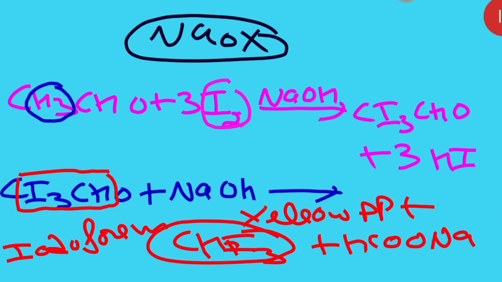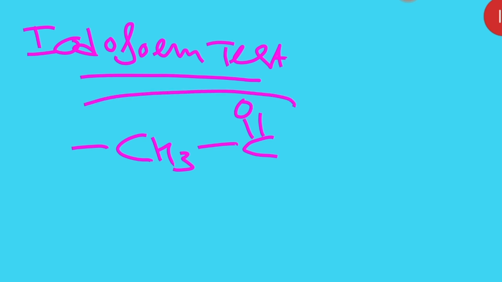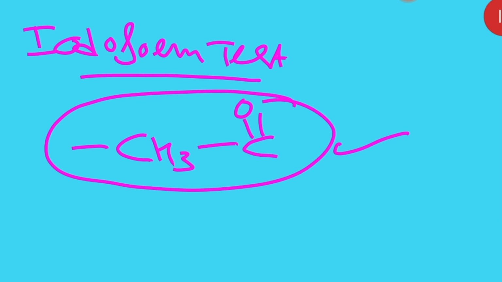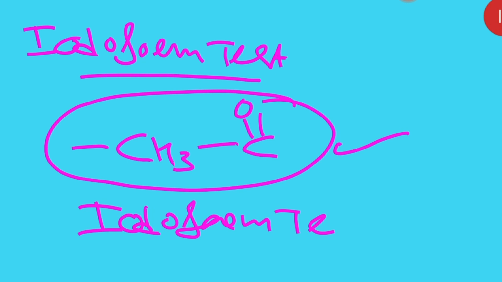And just remember one thing, as I told you previously also, the iodoform test or haloform reaction is given only by methyl ketones. Those reactants which contain a methyl ketone, only those will give this reaction. It is also called the iodoform test.